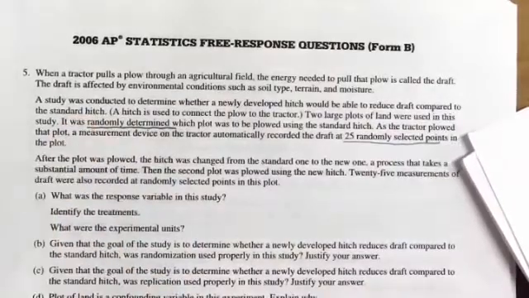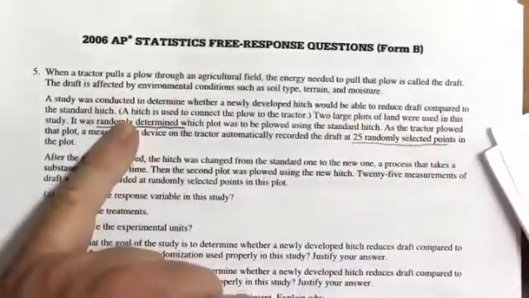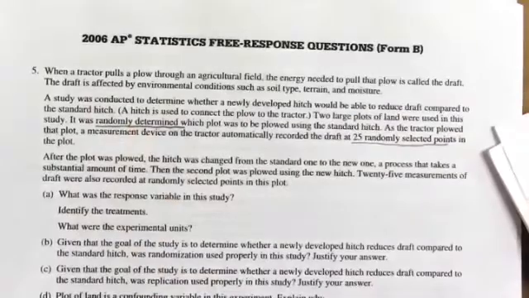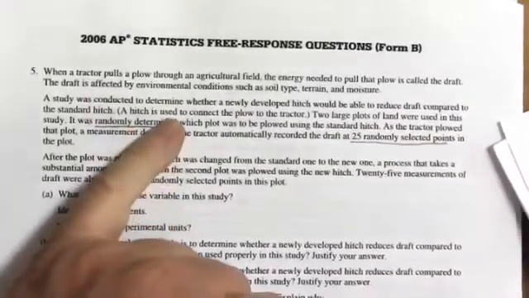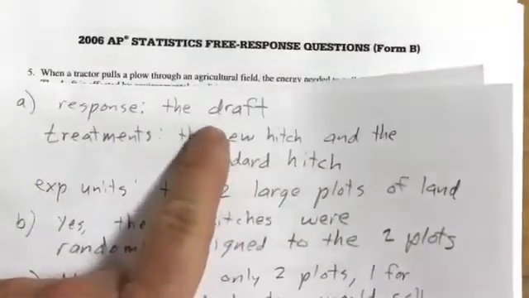That is by the draft, and the draft is basically the force that is required to pull the plow through the dirt. Okay, so the response variable here is the draft.